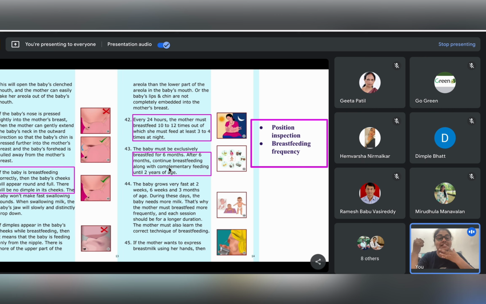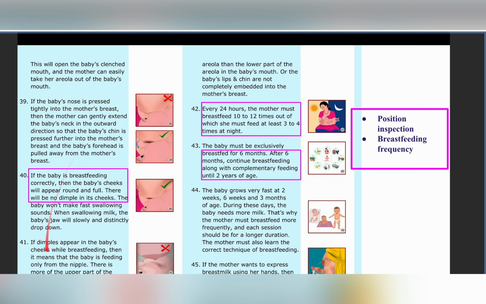If the baby is able to latch on properly, the cheeks will be round and fuller. These are very significant signs to see whether the baby is nipple feeding or not. So it needs to be seen that the baby's cheeks are appearing round and fuller.